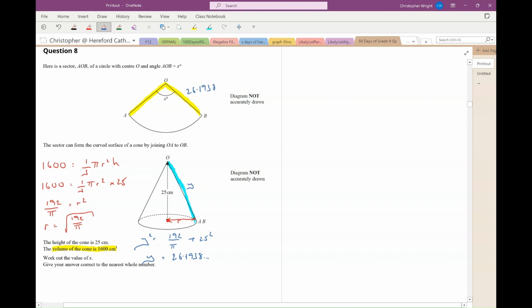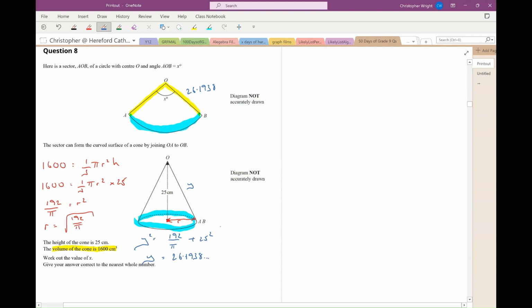That's interesting, because now I can find an expression for this curved part of the circumference there, and I also know that the length from A to B is the same as this length from A to B on this bottom diagram, which is the same as the circumference of that circle.